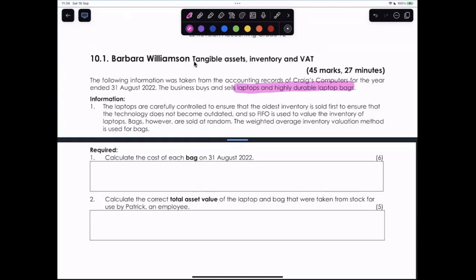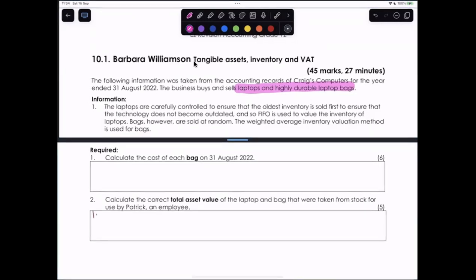Now, obviously, if it's a laptop and bag, I would immediately go and make a little note that I want to track the cost of the laptop and I want to track the cost of the bag. In number one, we're calculating the cost of each bag, so that answer would be part of my calculation of the bag cost.